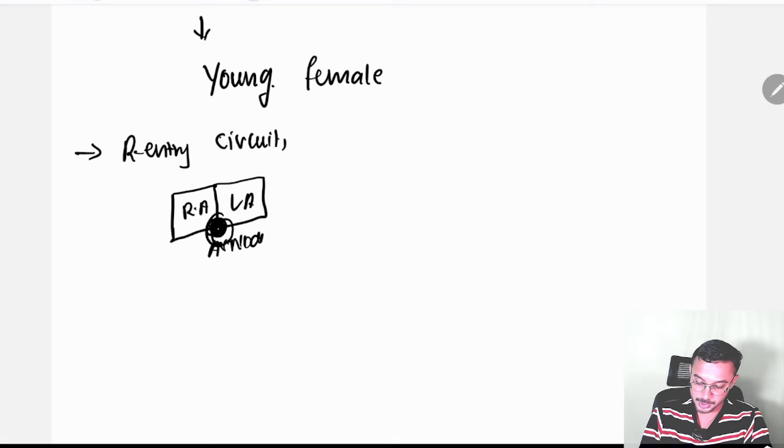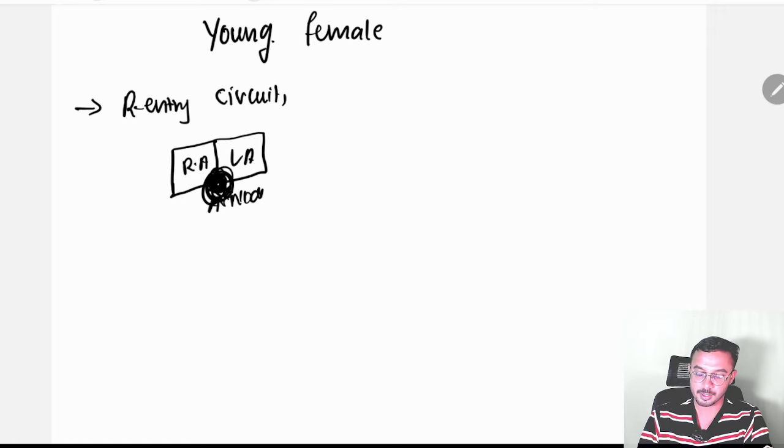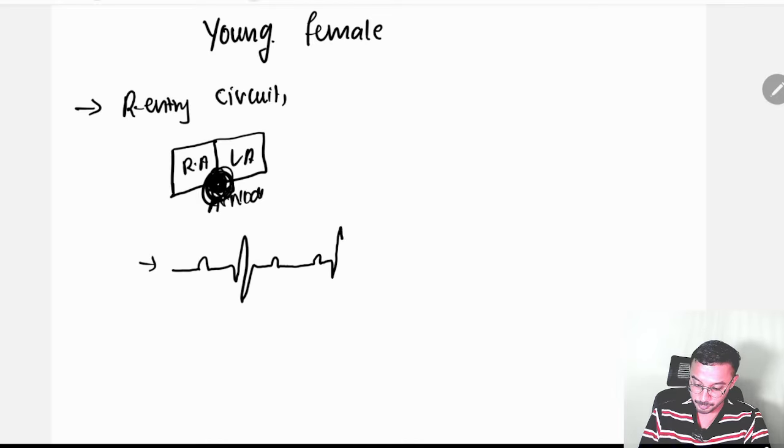So the problem is around this AV node, that's why the current is going on over here. Sometimes it will fire and sometimes it will become less. So whenever you look at the ECG of this patient, P wave, Q, R, S and T also come, and whenever this abnormal current fires it will come in this condition.